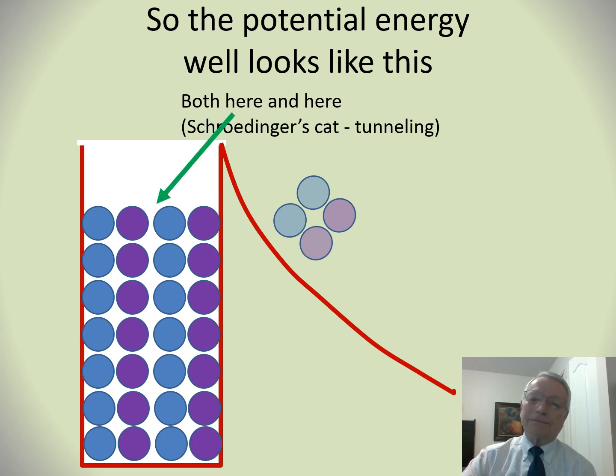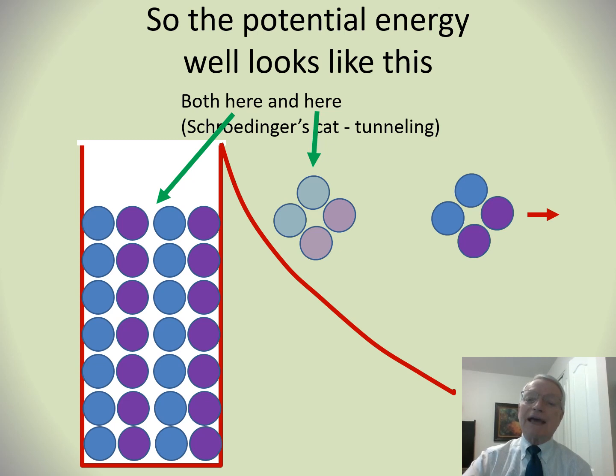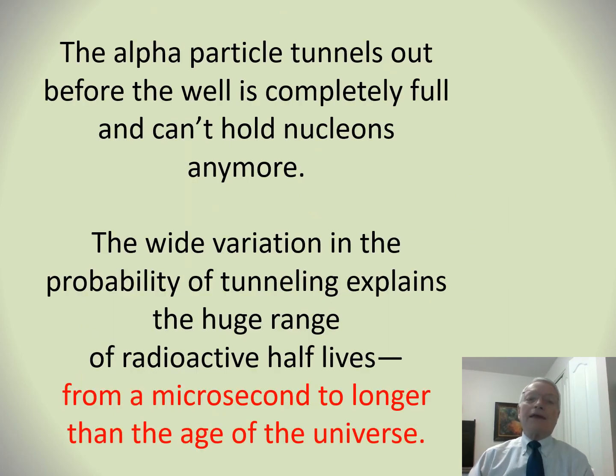It's tunneling, and there is a finite probability that it would just show up by tunneling outside the nucleus, and once it does show up outside the nucleus, it's out of here. It's a positive particle next to a positive nucleus, and away it goes. It's just gone. So the alpha particle tunnels out before the well gets completely full and can't hold nucleons anymore.